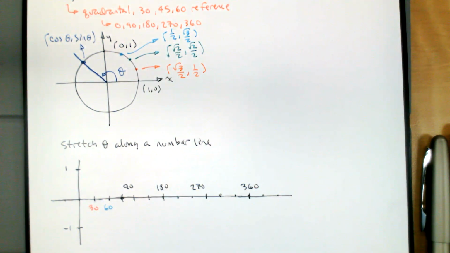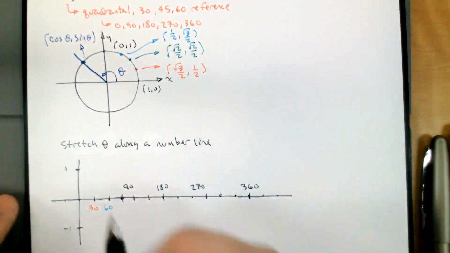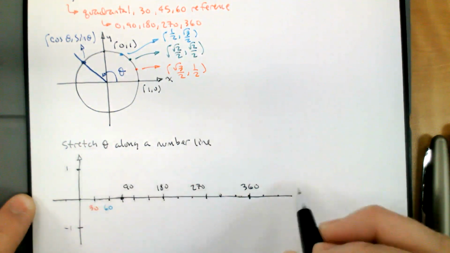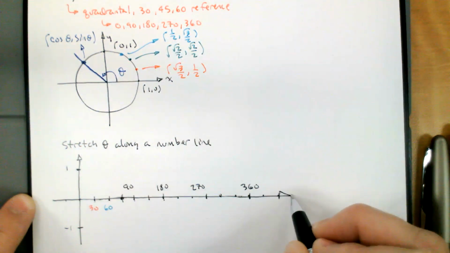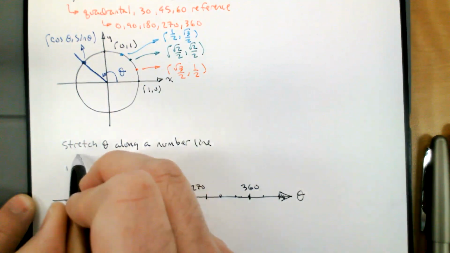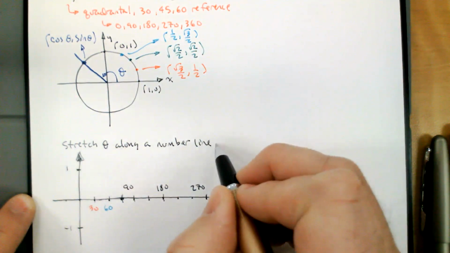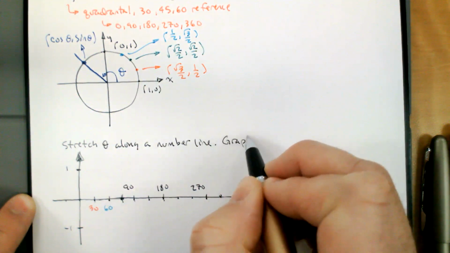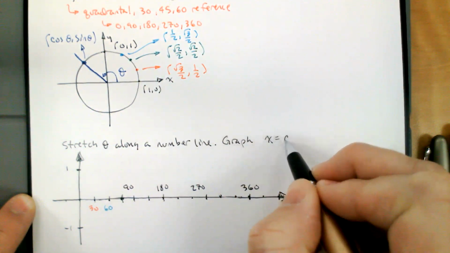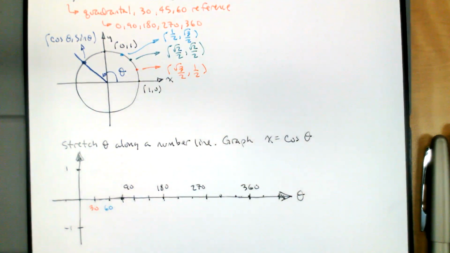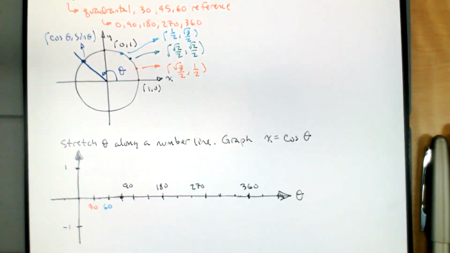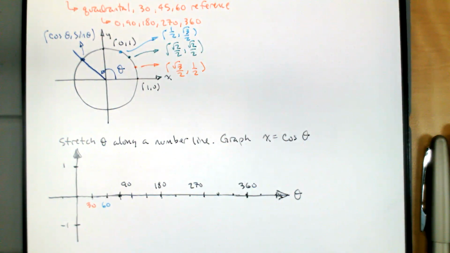And what we're going to do is draw the graph of cosine theta. So theta is going to be down here on this axis. Cosine of theta will tell us the x coordinate of the point going around the circle. And so we're going to graph the cosine and see what the cosine looks like if we stretch it out over this number line.